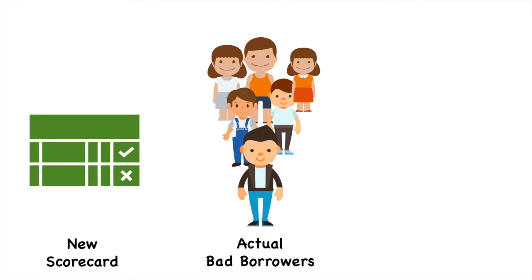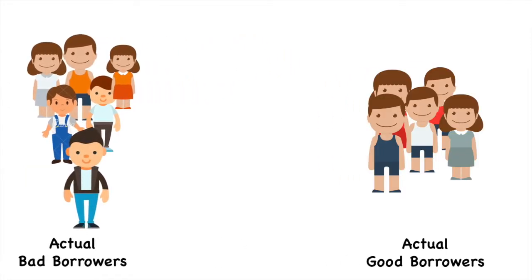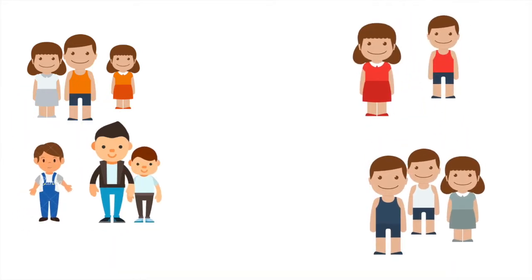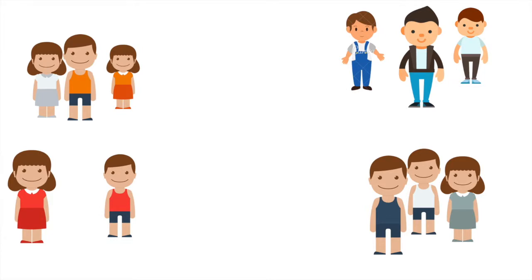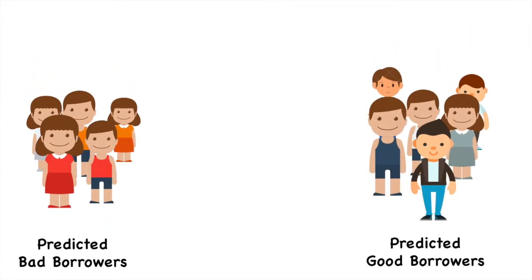This new scorecard will be used to infer an event or non-event. In other words, to identify the good from the bad borrowers, rating the good and the bad ones, having as a result the predicted bad borrowers and the predicted good borrowers.